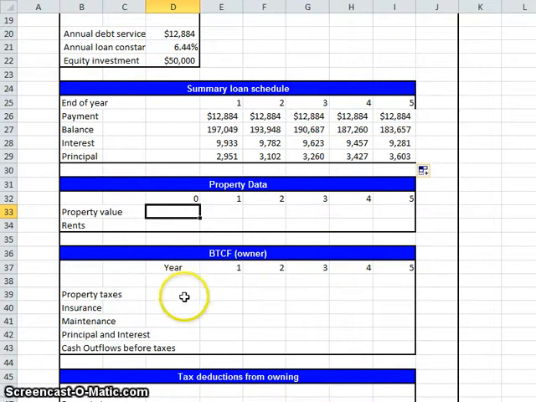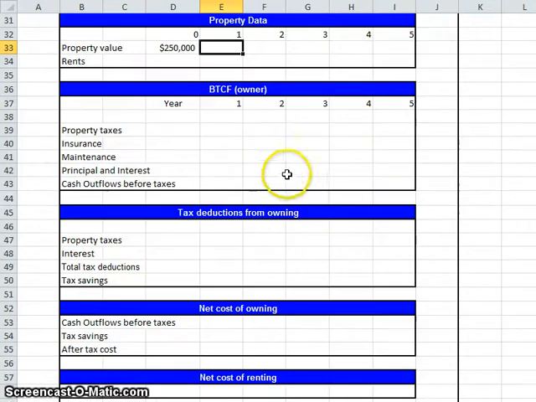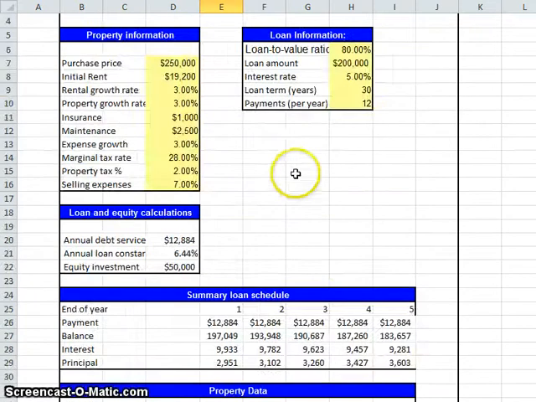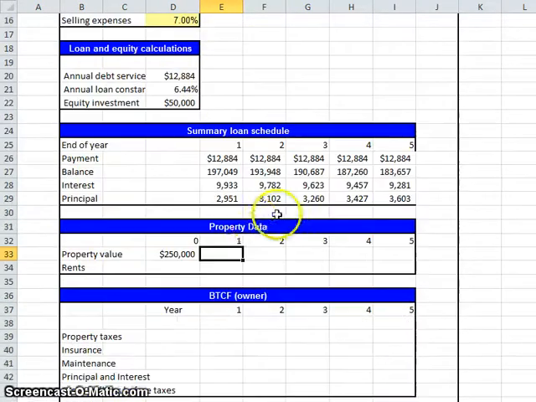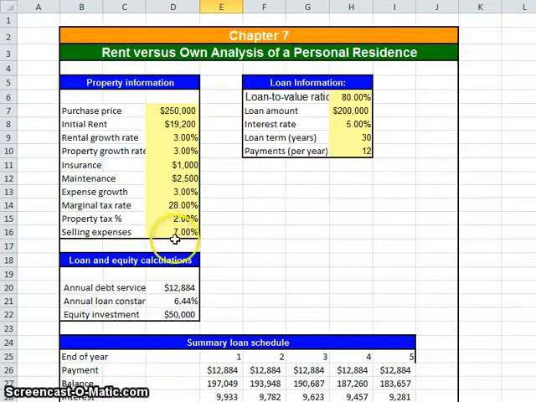So our property value in year 0 is going to be $250,000, and it's going to appreciate every year by, I believe, 3%. So we're going to take our 250, multiply that by 1 plus our percentage, which is going to be right here, 3%.